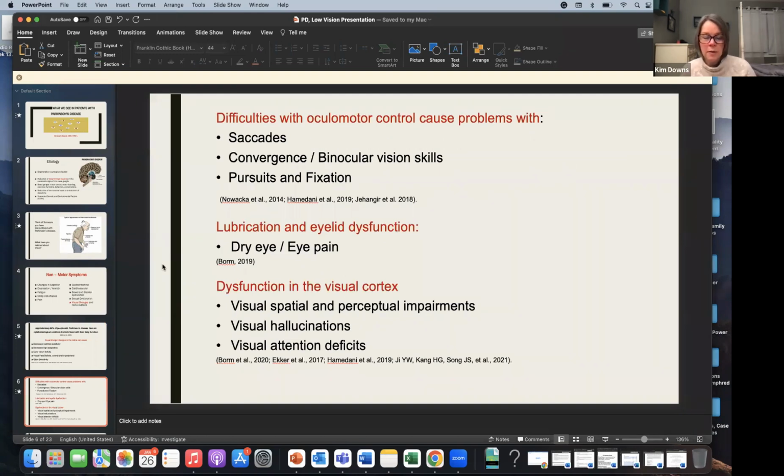Also, as the dopamine levels drop in the system, these people have more difficulty with ocular motor control, just like they have issues with controlling their musculoskeletal system.